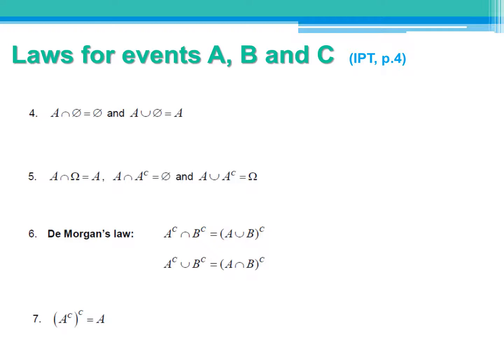For law 4, the intersection of event A and an empty set will simply be an empty set, because the outcomes in A with the intersection of nothing will just be nothing, but the union of event A and an empty set will consist of all the outcomes in event A. Then for 5, the intersection of A and the sample space will consist of all the outcomes in event A. Then the intersection of A and A's complement will be an empty set because A and A's complement are opposites of each other, so they will have nothing in common.